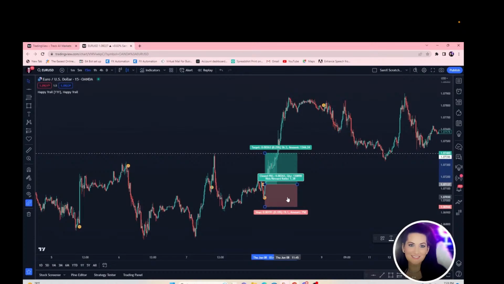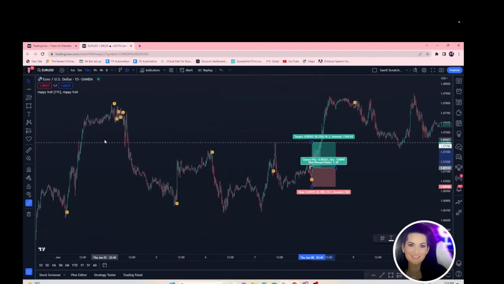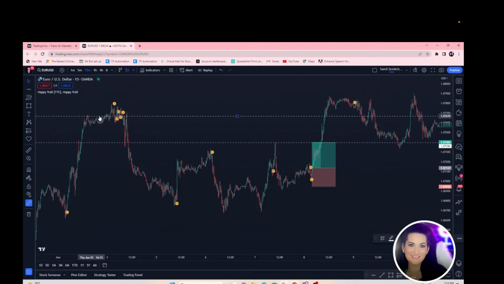For me, I personally would do something like this if I was looking to use market structure to the left. So that would be my take profit 1. I then would scroll out even more to see what else is over here to the left and identify the next structure. Again, I see a nice area of price action over here, and I will highlight what this looks like for you. So you can see that there is lots of price action happening within this whole shaded box area.